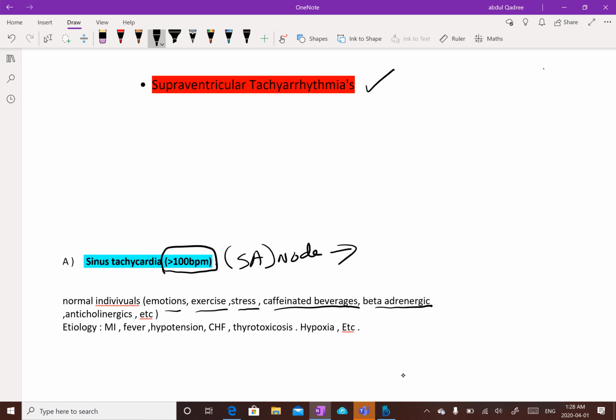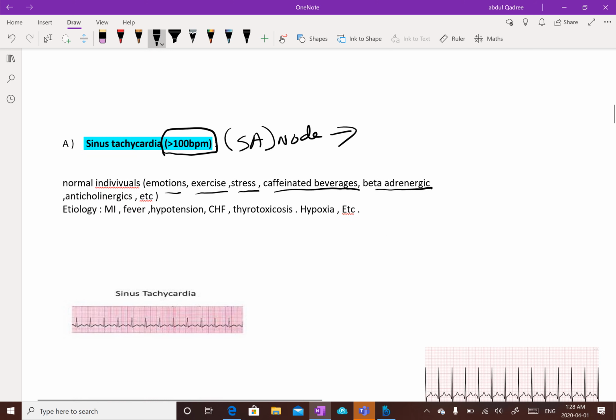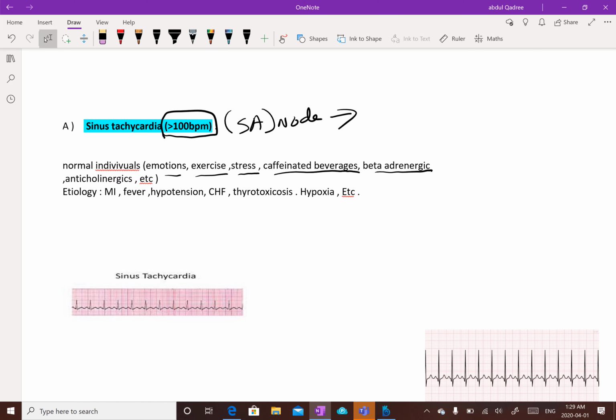With a sinus tachycardia, the treatment is the underlying cause, basically that's the most important thing. You have to treat the underlying cause, and if you cannot treat the underlying cause, then you just give them a beta blocker or calcium channel blocker. There's another medication called Ivabradine.